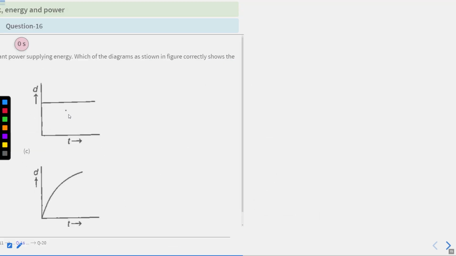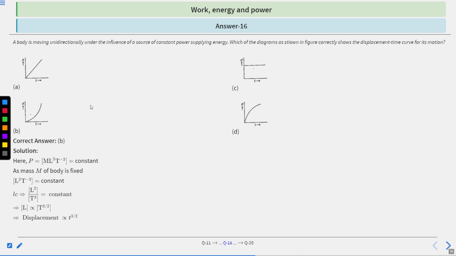Let's find a solution. So we know here P, this is the dimension formula of P, which is equal to constant. Clear? As mass m of the body is fixed, so L square T minus 3 is equal to constant.